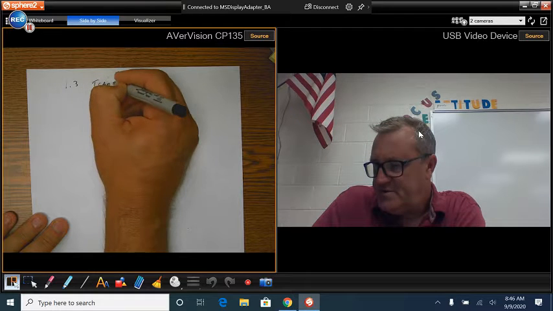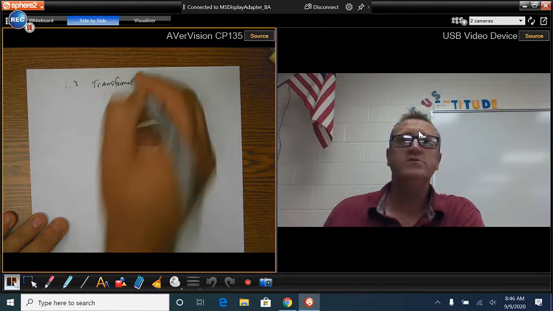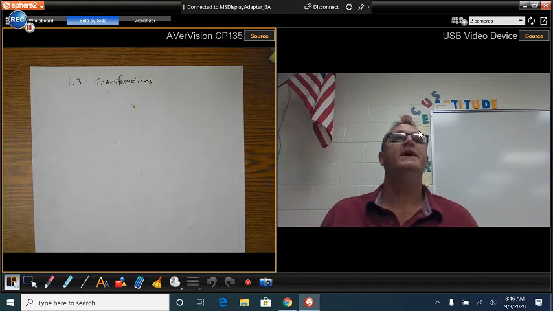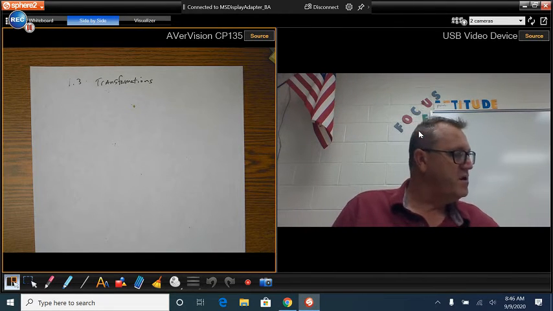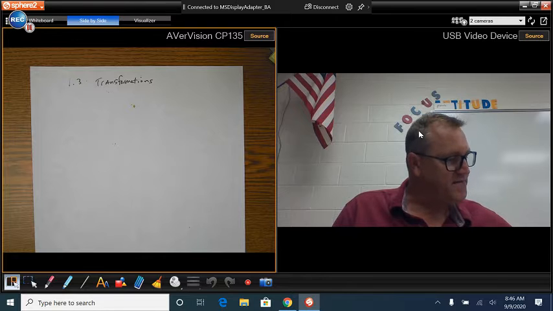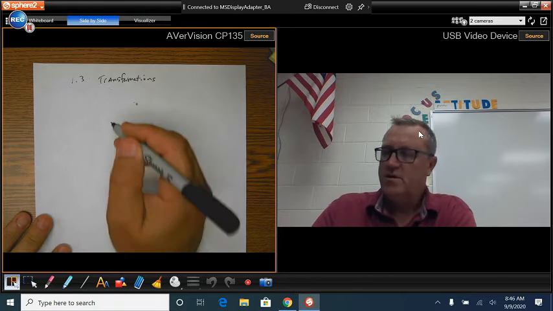There are different types of transformations. All transformation means is that we are impacting a graph. We're doing something to a graph. If you look at the top of the page, it says a function that changes the position, shape, or size of a figure. Okay?